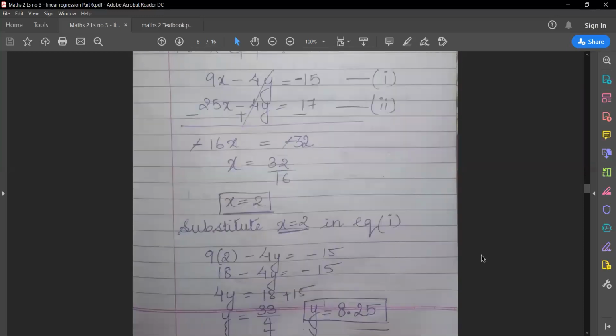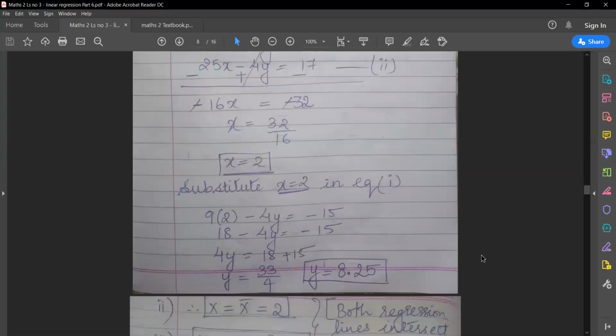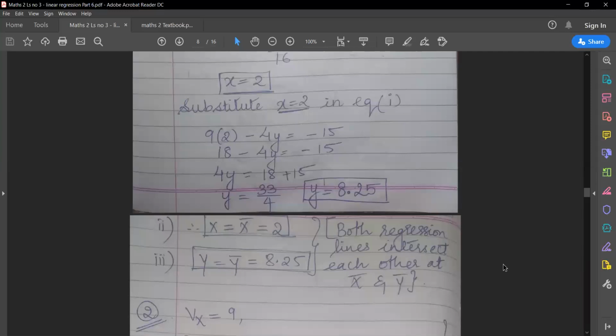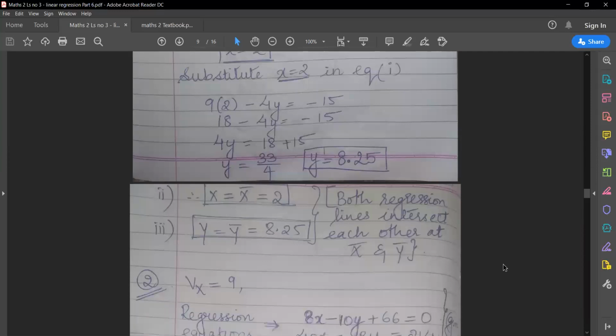You can substitute the value of x in any of the equations and get the value of y, which I got as 8.25. And the reason you will write is: x is equal to x bar is equal to 2. y is equal to y bar is equal to 8.25. And what will be the reason? Both regression lines intersect each other at x bar and y bar respectively.